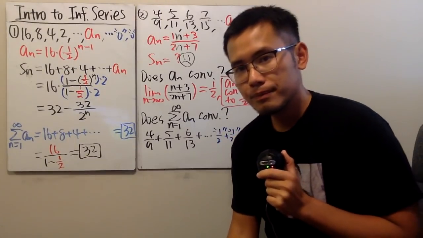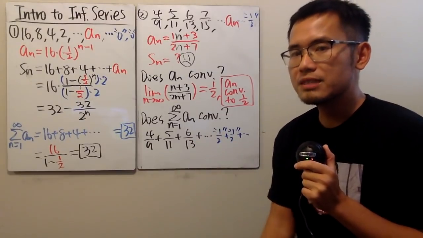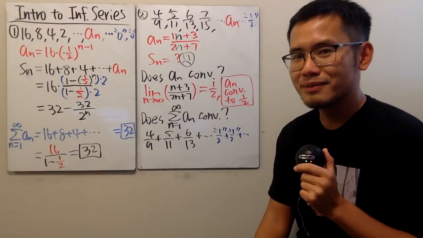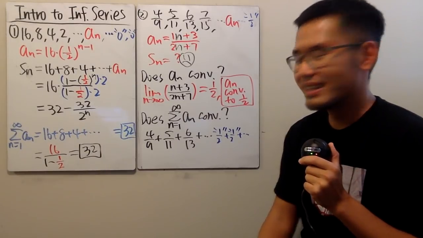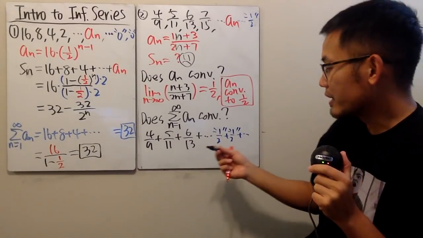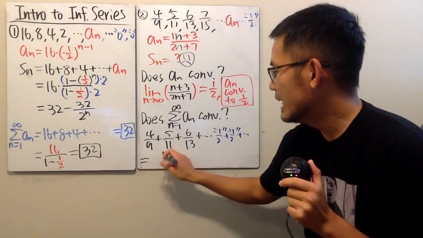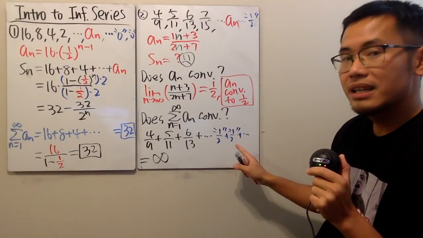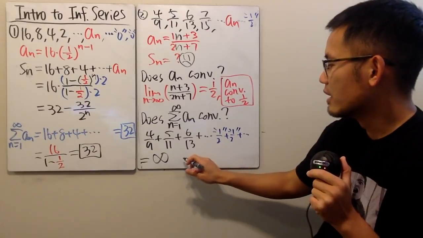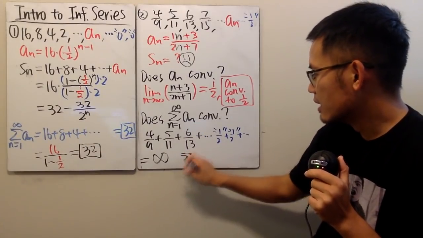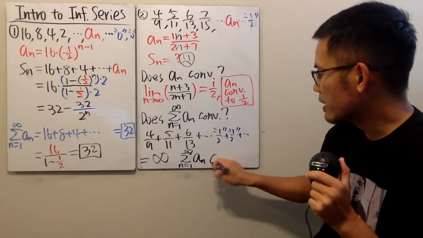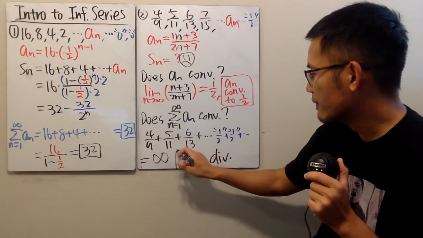And imagine if you can make about 50 cents per day for an infinite amount of time, how much money would you be making? Infinity. This right here is actually very easy. This will give us infinity, right? And because this is not finite, unfortunately, we'll say the sum as n goes from 1 to infinity of an diverges.